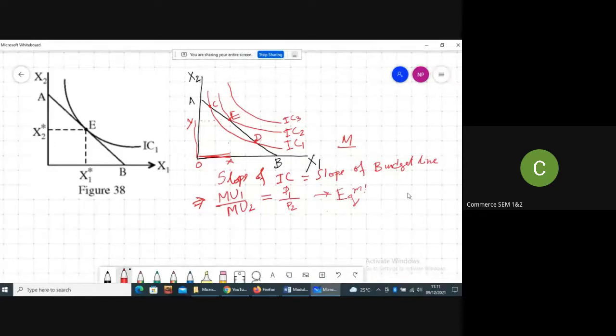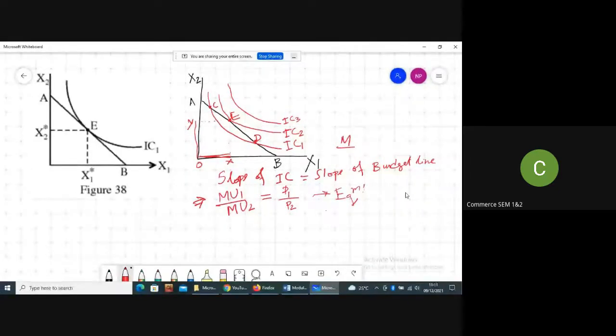So compared to C, the consumer can improve his utility by consuming at point E, because he can move to a higher indifference curve IC2 compared to IC1, the lower indifference curve, even if he needs to spend the same amount of income.